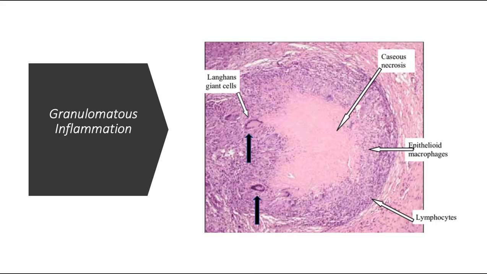Granulomatous inflammation is a form of chronic inflammation characterized by collections of activated macrophages, often with T lymphocytes and sometimes associated with central necrosis. The activated macrophages may develop abundant cytoplasm and begin to resemble epithelial cells and are called epithelioid cells.